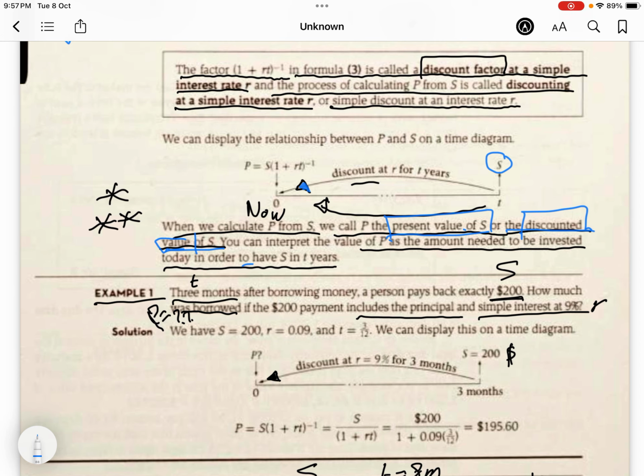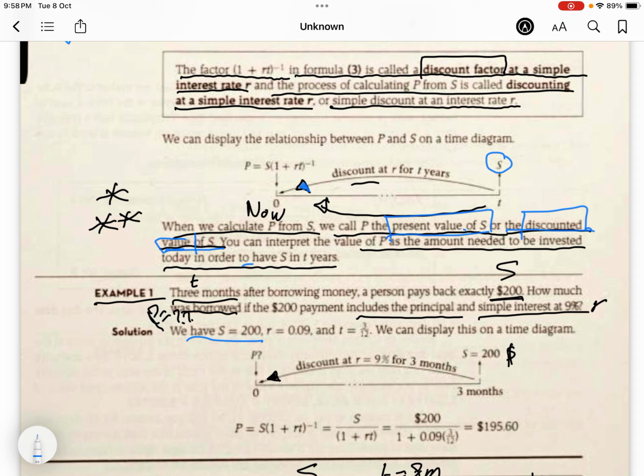How much was borrowed, which means the proceeds or present value B of S, if the $200 payment includes the principal and simple interest at 9%? Suppose here S equals 200, R equals 0.09, and T, which is the 3 months, is 3 over 12.